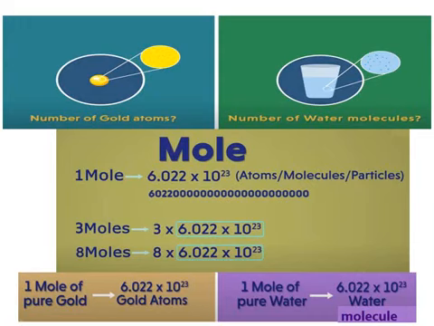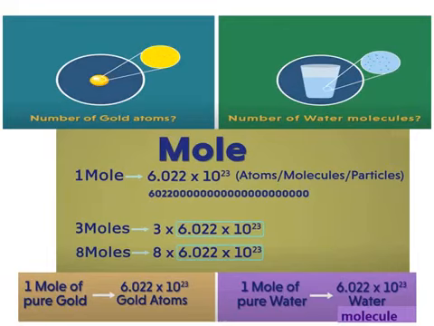So if we multiply this Avogadro's number with 3, then it will be equal to 3 moles. And in the same way, if we multiply the number with 8, it will be 8 moles. So the mole has come to our help in finding out the answer for the questions which were asked before.